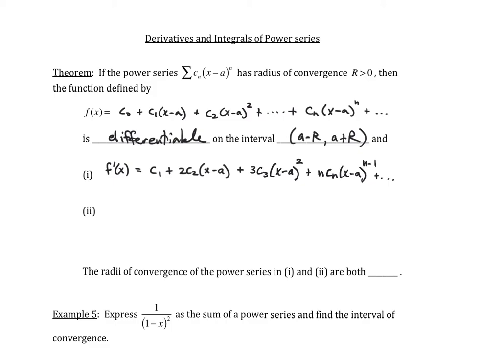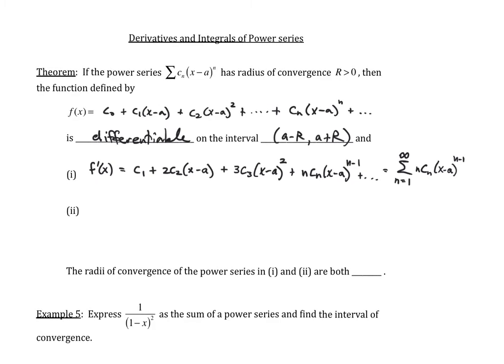So if I wanted to describe this series in general, it would look like this. We're going to take the infinite sum, but our n is actually going to start at 1 and go to infinity, and your general term is going to be n c_n (x minus a) to the n minus 1. So this is going to be our power series.